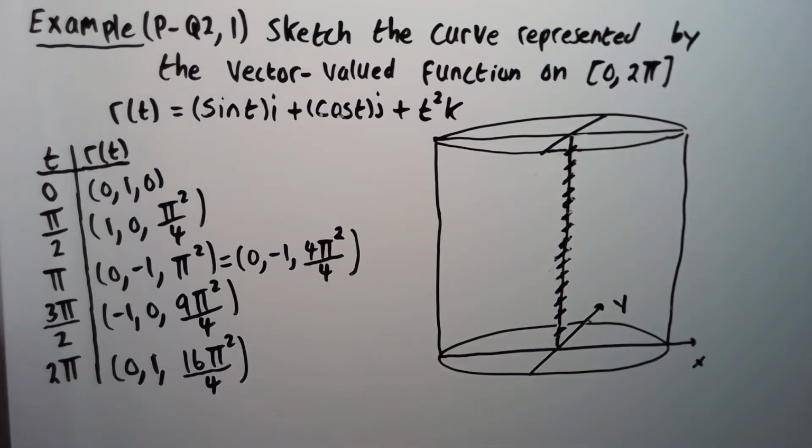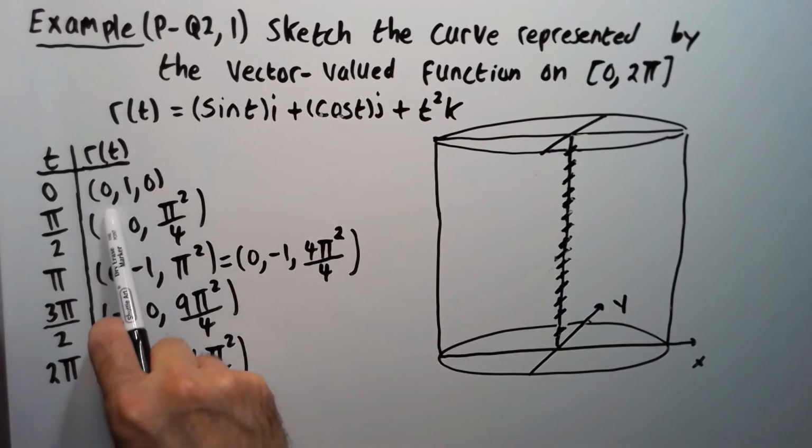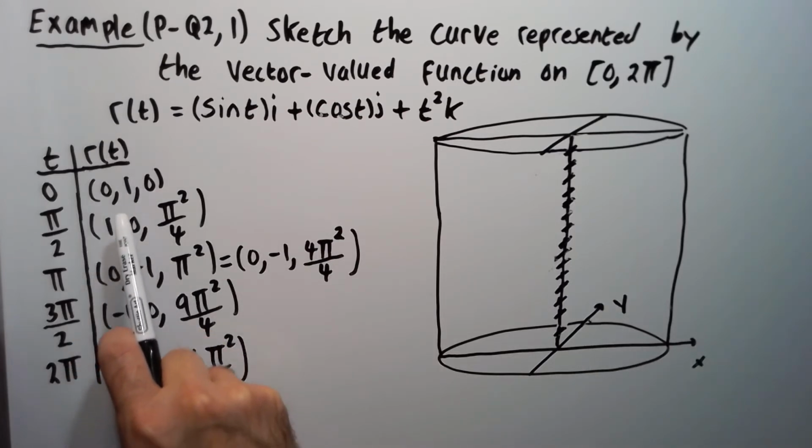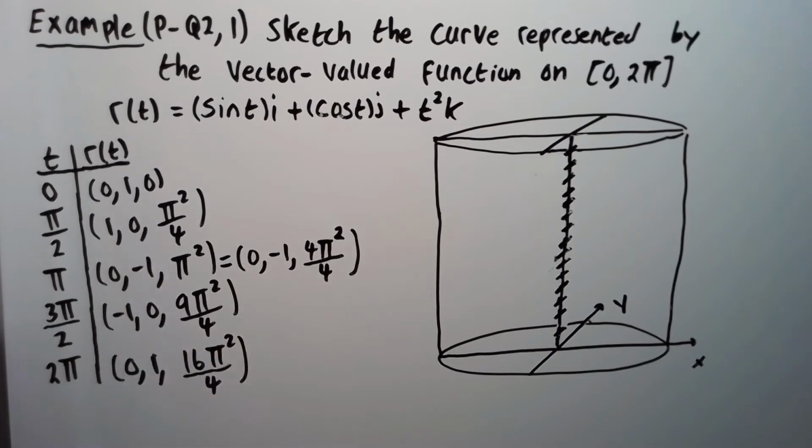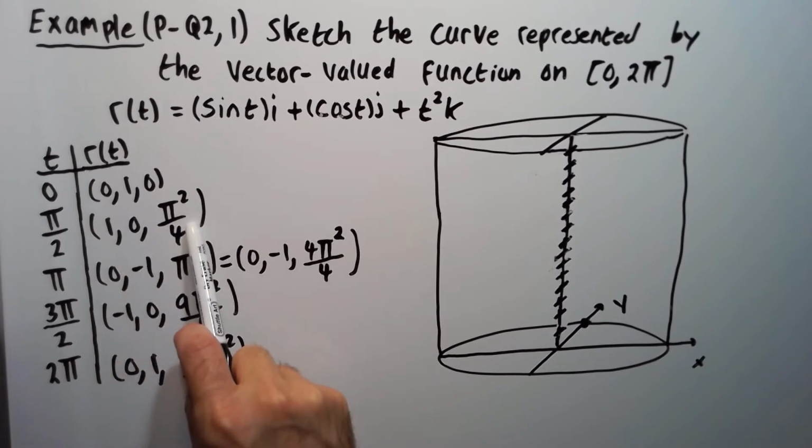Okay, so let's start plotting these. So here's the x-axis, y-axis. Let's plot 0, 1, 0. It's 0 on the x, 1 on the y, 0 on the z. So let me plot that. It's going to be right here, because 0 on the x, 1 on the y, 0 on the z would put us right here. Let's next do 1 on the x, 0 on the y, pi squared over 4 on the z.